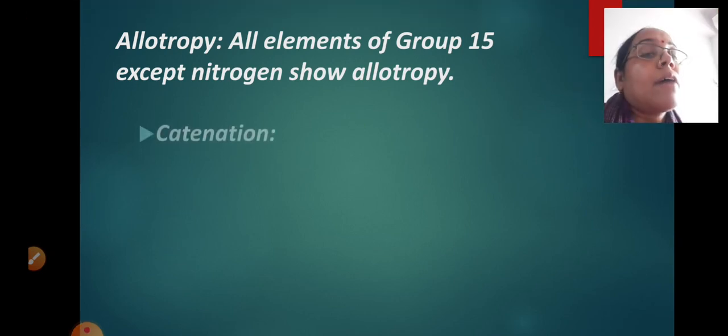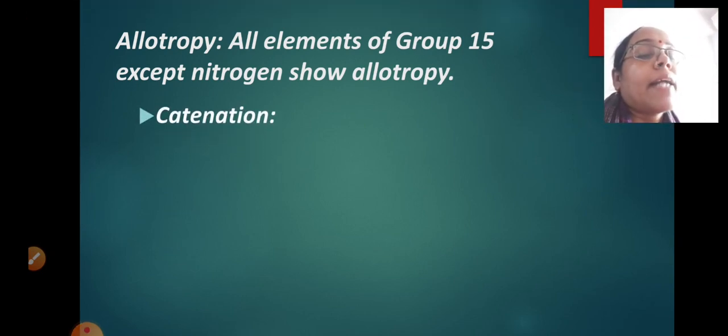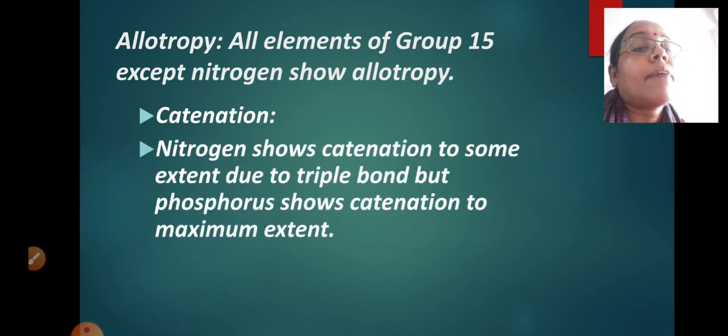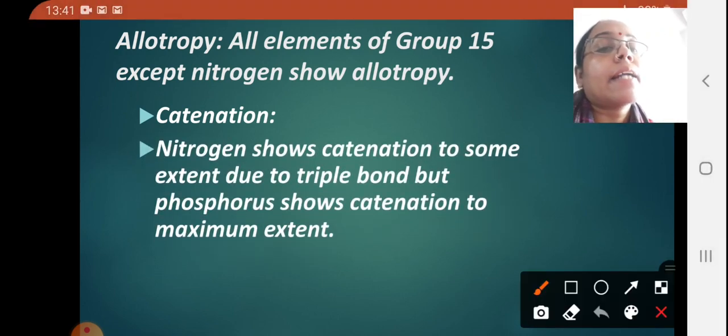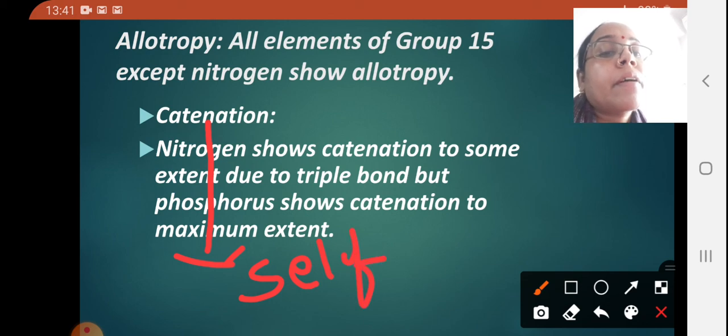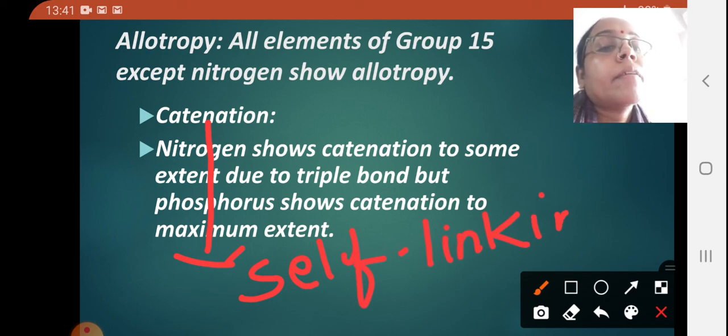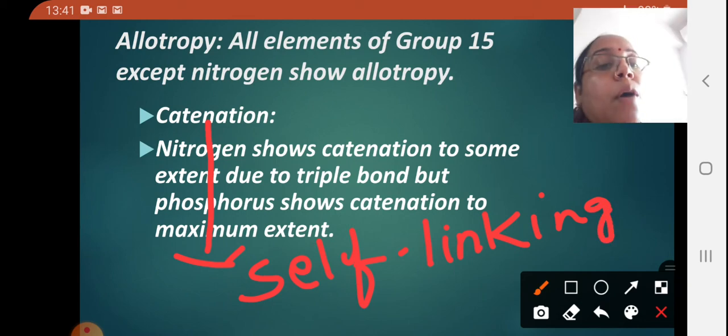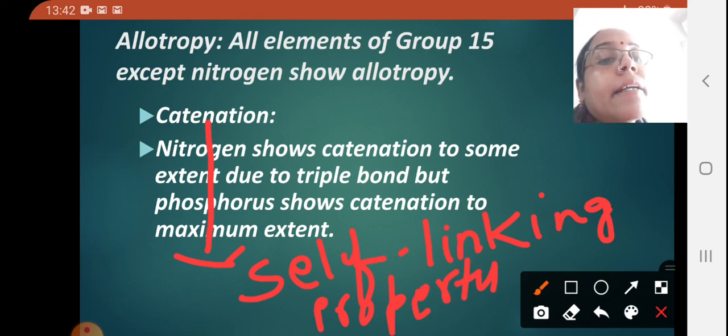Okay, now we will see one more point, that is catenation. So what is catenation? How can we define catenation? Self-linking property is known as catenation.